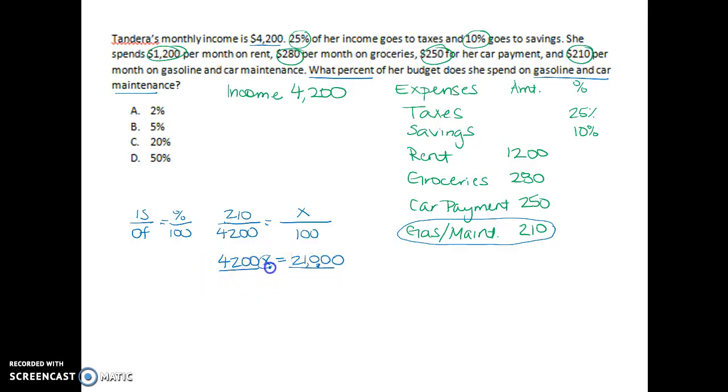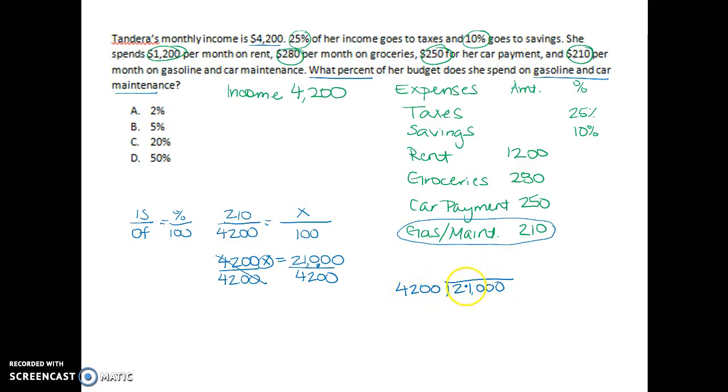Divide, we have to get x by itself, so divide by 4,200. I need to do my division, 21,000 divided by 4,200. So let's see, 4,200 does not go into 2,100, so it needs to go into 21,000.